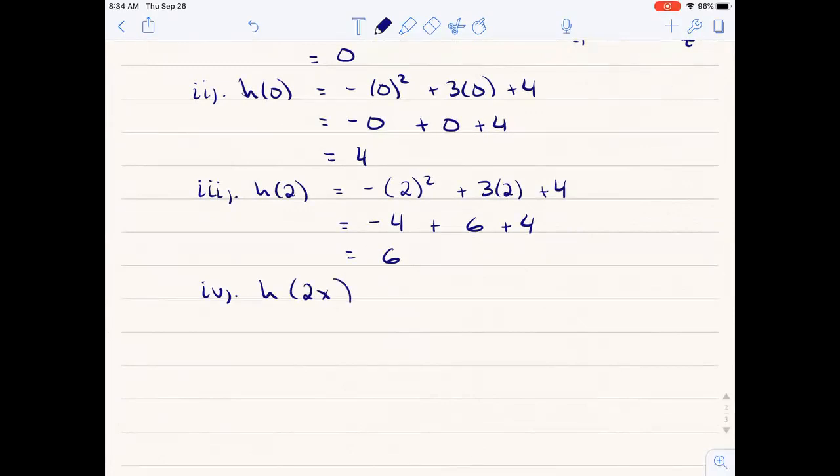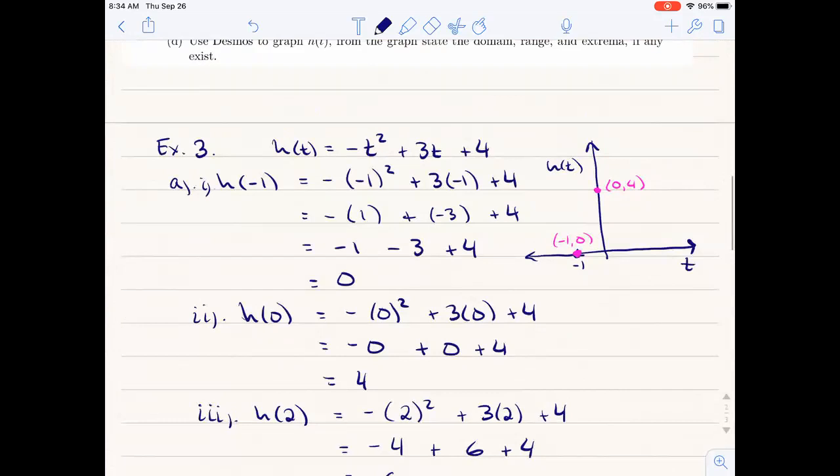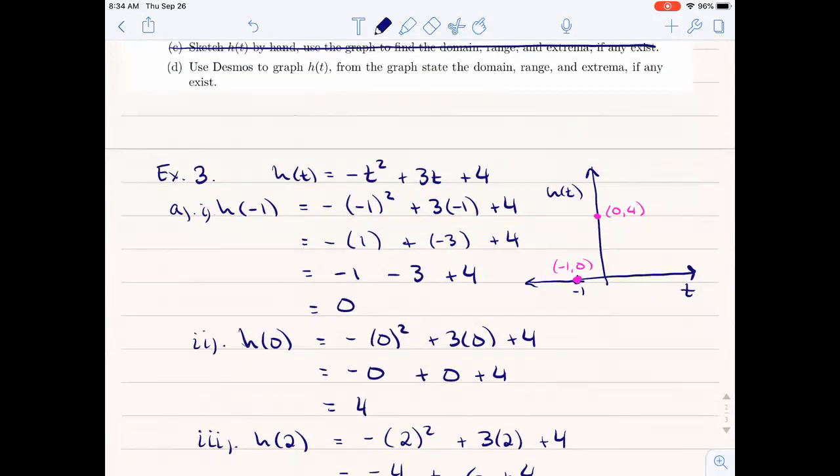How do you know to keep the negative outside of the brackets? Well, it's because it's t squared, but then it's negative. So you want to keep that negative. And the reason I know that is because it's an upside down parabola. It's helpful to know what it's going to look like.